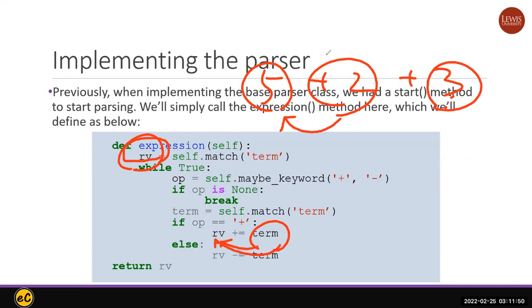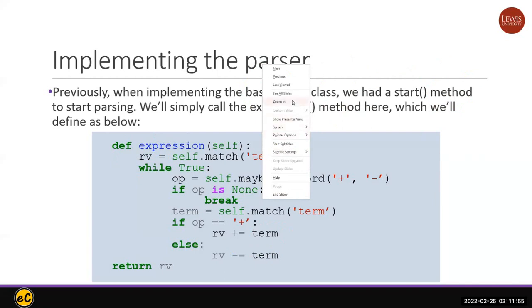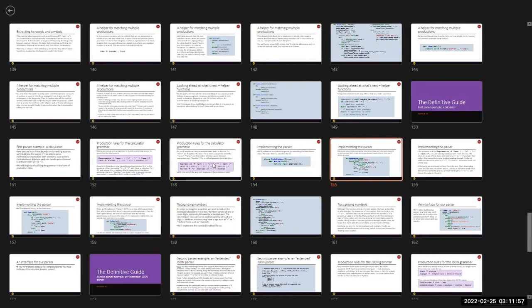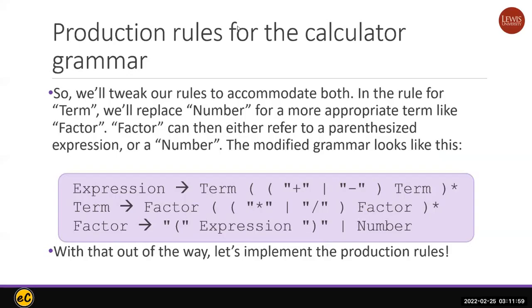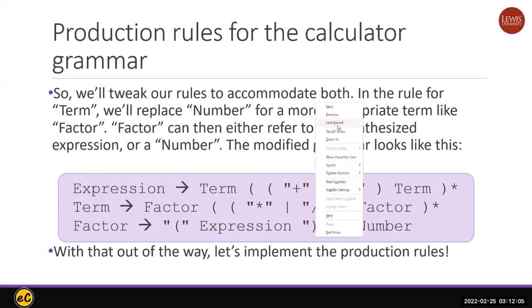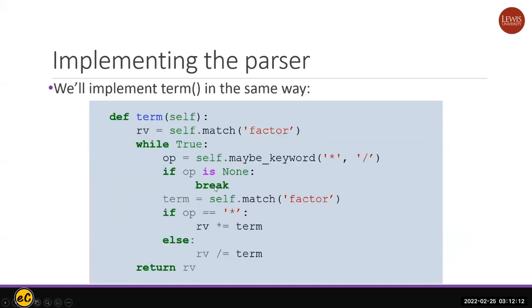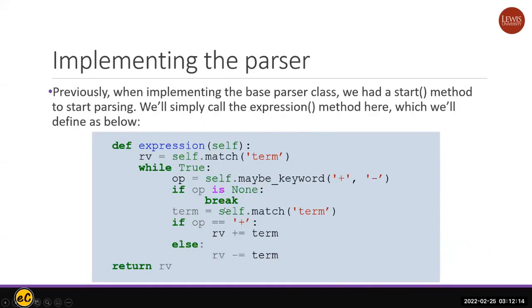So that's the rule for this expression rule. And this one is to evaluate your rule for this expression. This one is the rule implementation of this guy. That's the implementation of that guy. So that one is the expression.